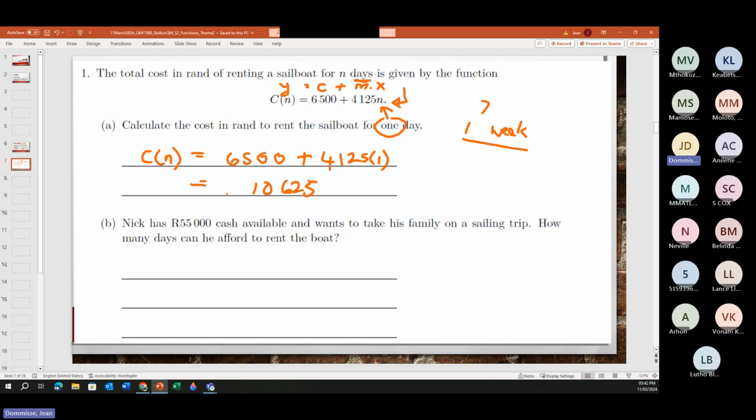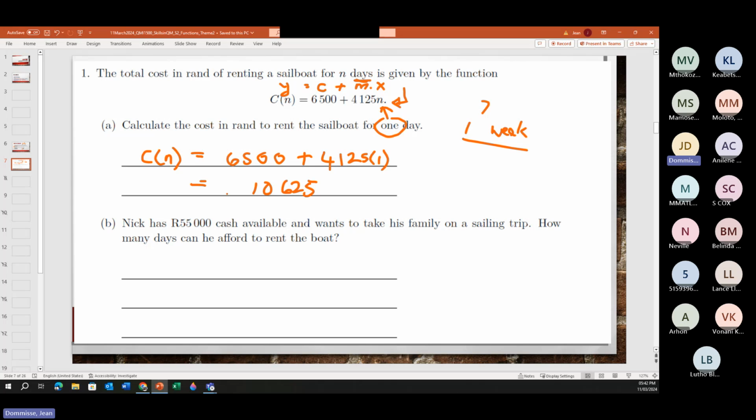Then question B, they ask a bit differently. I'm nearly giving you a minute just to look at it, and then we can look at that. Okay, so in the second question, they phrase the question a bit differently.